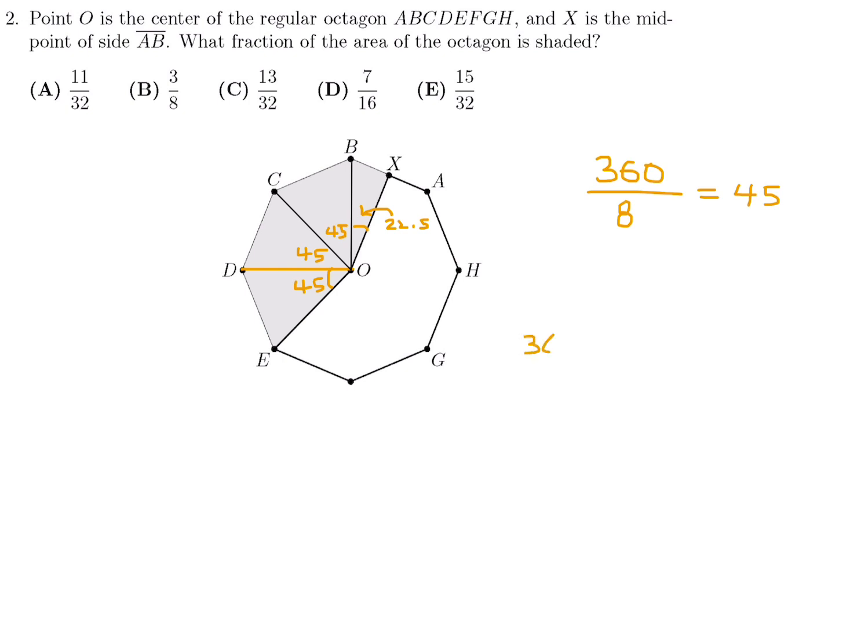It would be 3 times 45 plus 22.5, and of course over the total, which is 360. And when you simplify this into lowest terms, it's equivalent to 7 over 16. And therefore number 2, the answer is D.